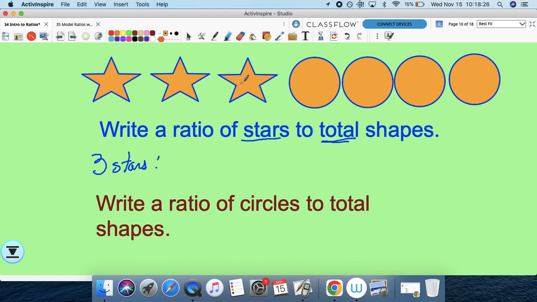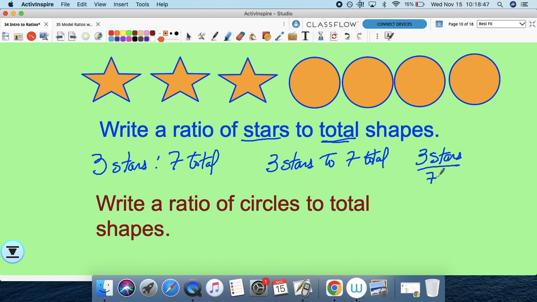We have 1, 2, 3, 4, 5, 6, 7. 7 total. And then we can write it again with the word "to", 3 stars to 7 total. Or as a fraction, 3 stars, 7 total.